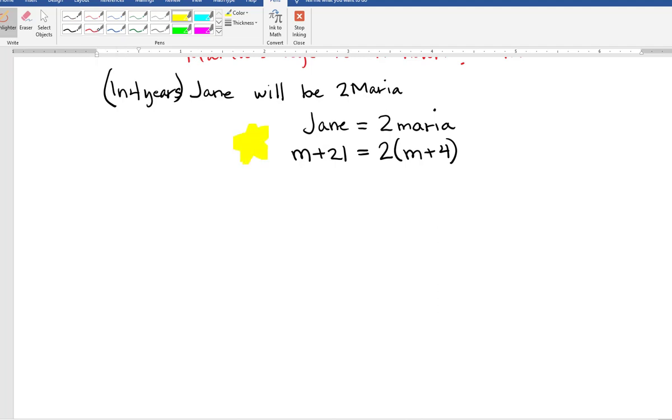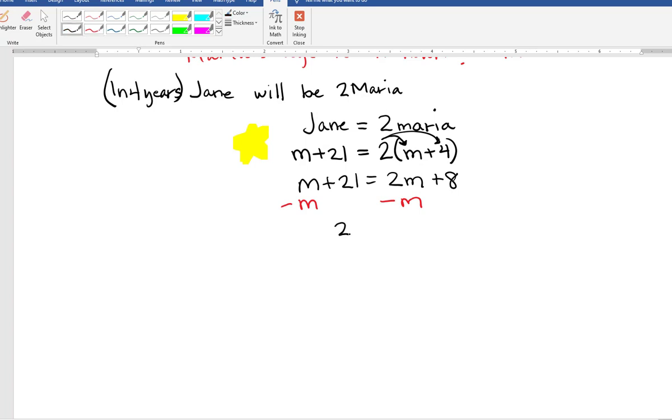Okay, using all I know about my algebra skills, I'm going to go ahead and distribute this 2 on the right-hand side. m plus 21 equals 2m plus 8. Now I'm going to start solving for m. I'm going to subtract m from the left, subtract m from the right.